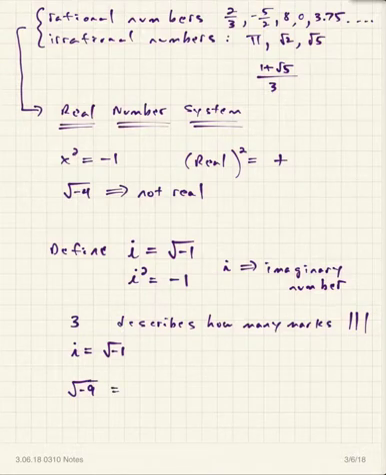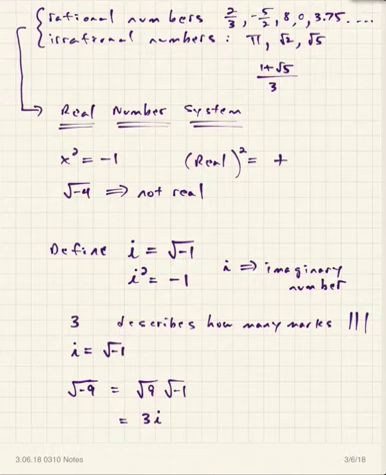Because I can write the square root of -9 as the square root of 9 times the square root of -1, and the square root of 9 is equal to 3, and the square root of -1 is equal to i. Whenever you see the square root of -1, you can replace it with i. And so even though the square root of -9 is not a real number, we can write it as an imaginary number.